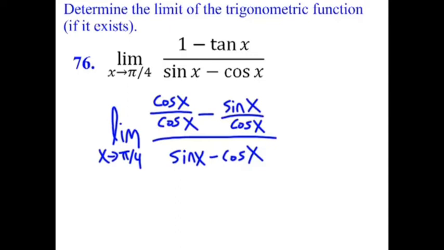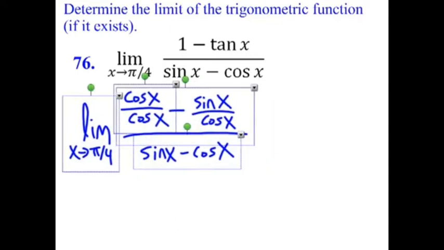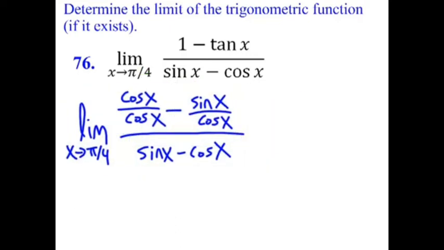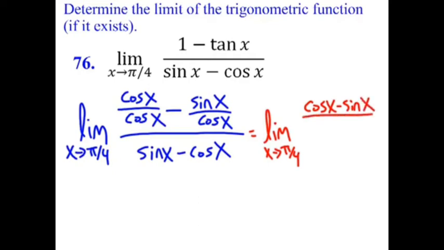Now let us proceed further. That is equal to limit x tends to pi by 4. Now if I take the LCM cos x in the numerator, the things will be cos x minus sin x divided by cos x, whole divided by sin x minus cos x.